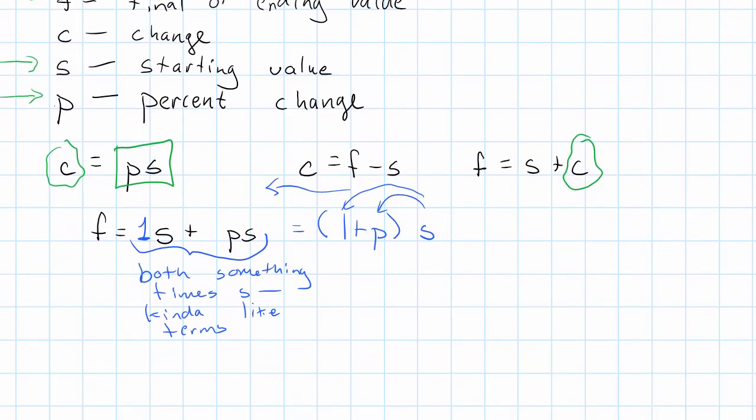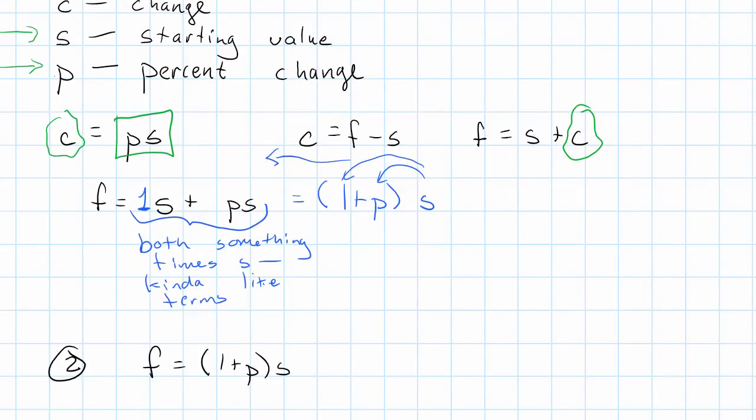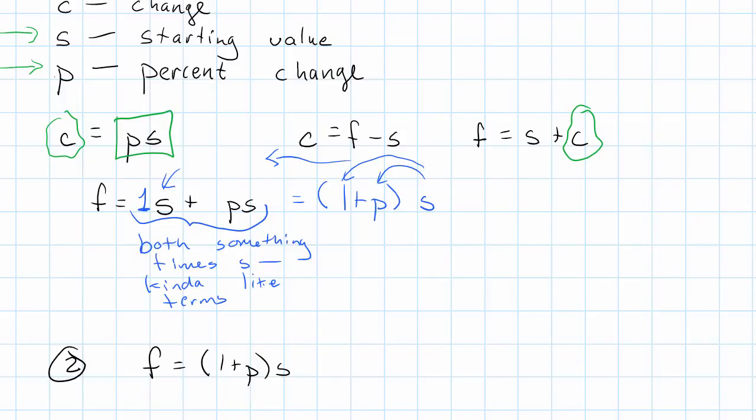That gives us what we'll call Formula 2. The final value is 1 plus the percent change times the starting value. Where did we get that adding 1? That is just adding in the starting value to the change. We will use this formula when we want to find f or s.